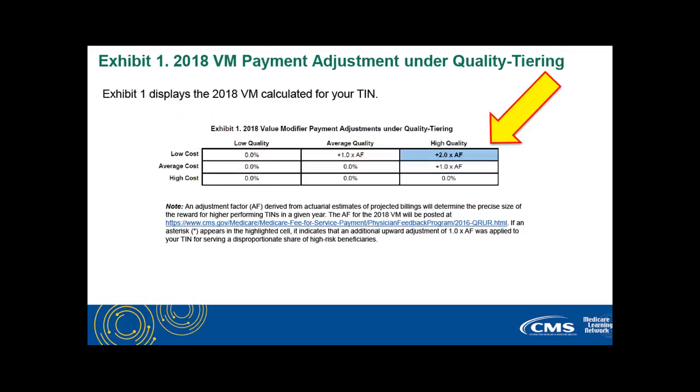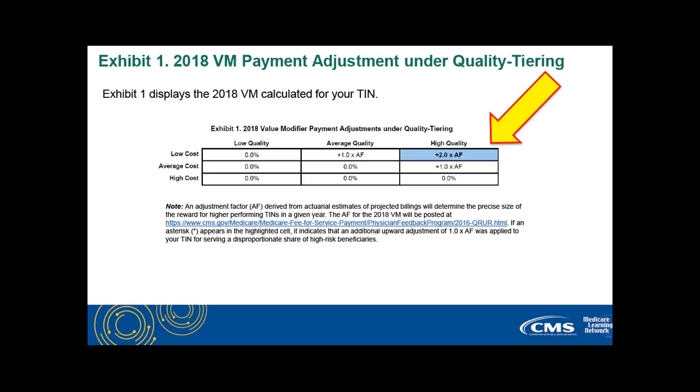So coming back to the example for this particular tax ID number, they were determined to be of high quality and low cost. So they will be rewarded in 2018 with a 2% bonus on the physician's fee schedule, meaning they'll be paid 1.02% of the fee schedule.